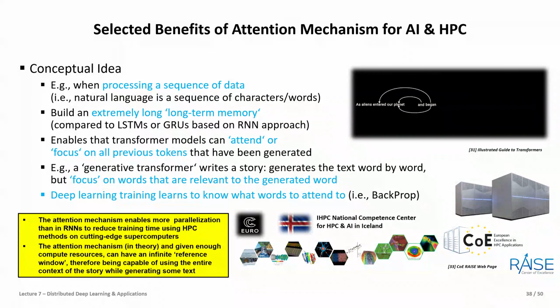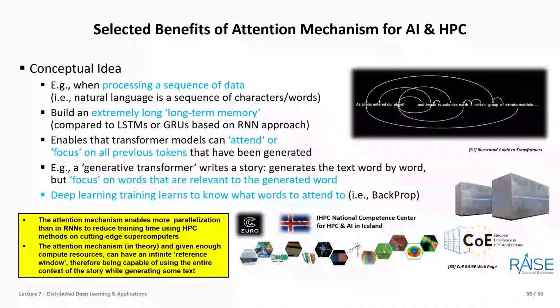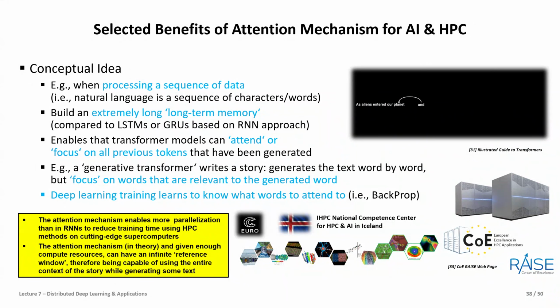So you have basically different characters, different sentences, and the transformer models now do this attending or focus on the previous tokens that have been generated, so that you have a better understanding of what happens before. So you see this with the arrows now, right? That come back to your context, they call this, where you can then in the window see, okay, this aliens, so extraterrestrials like now in the video, is somehow alluding to it.